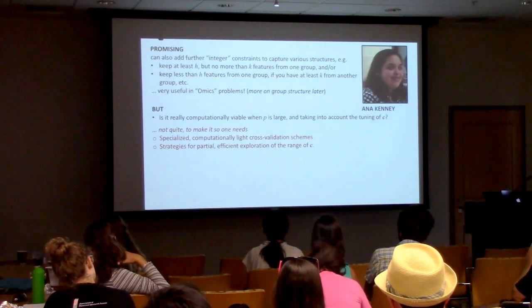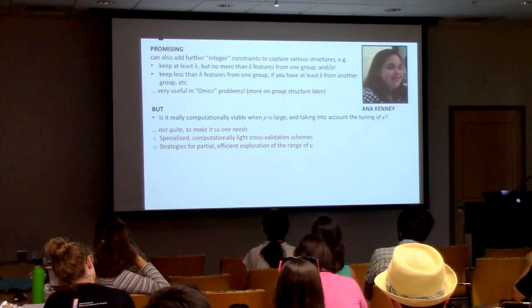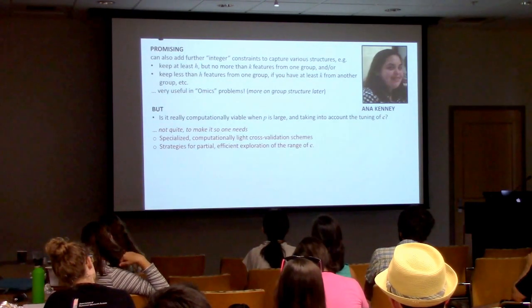However, and these are the things we're trying to figure out with Anna, is it really computationally viable when p is large and taking into account the tuning of C?